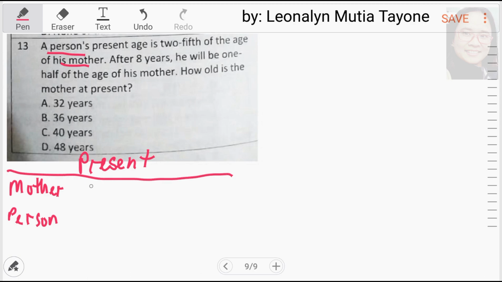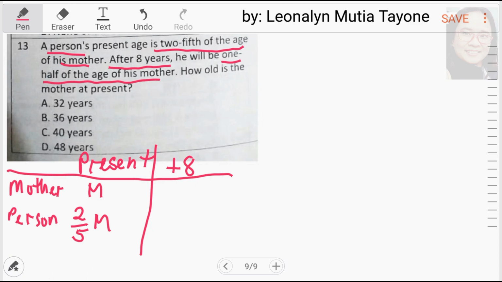At present, ito, let M be the edad of his mother. Ang person naman, itong person's present age is 2/5 of the age of his mother. 2/5 of M.